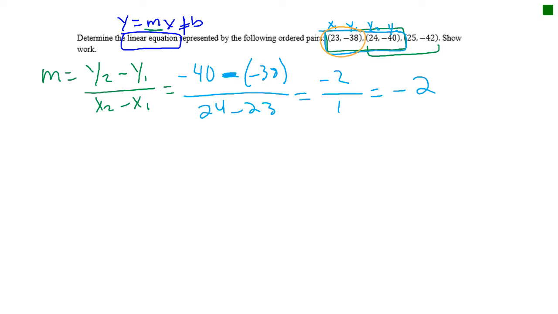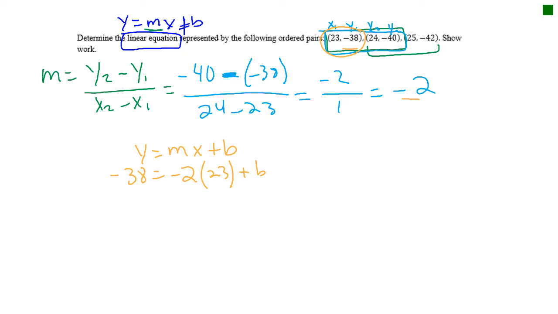All right, well, I'm using my equation, mx plus b. I already know y. Y is -38. What is my m? M is -2. -2 times x. X equals 23 plus b. All right, all we have to do is solve it now.